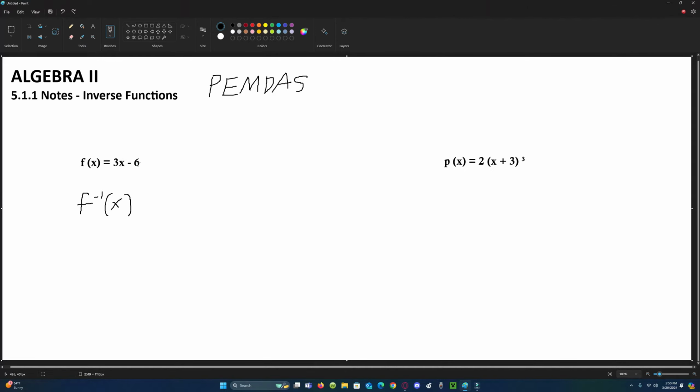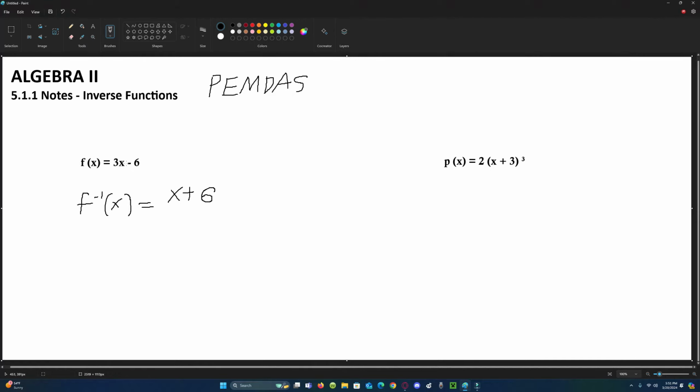And because it is an inverse function, every sign is going to be made its opposite. So multiplication would be made into division, and addition would be made into subtraction, if that makes sense. So we have this x, and we are going to start with x plus 6, because we're going to go in the reverse order.